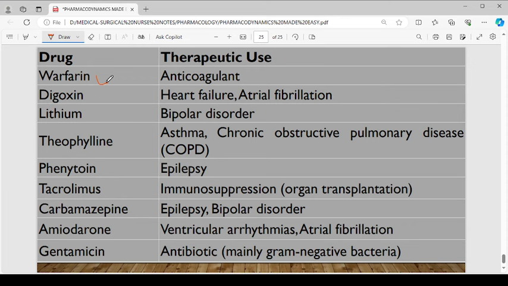These drugs include warfarin, an anticoagulant; digoxin, used in heart failure and atrial fibrillation; lithium, used in treatment of bipolar disorder; theophylline and aminophylline, used in treatment of asthma and chronic obstructive pulmonary diseases; phenytoin, used in treatment of epilepsy; tacrolimus, used in immunosuppression and organ transplantation; carbamazepine, CBZ, also used in epilepsy and bipolar disorder; amiodarone, used in ventricular arrhythmias and atrial fibrillation; and lastly, gentamicin, an antibiotic mainly used to treat gram-negative bacteria.